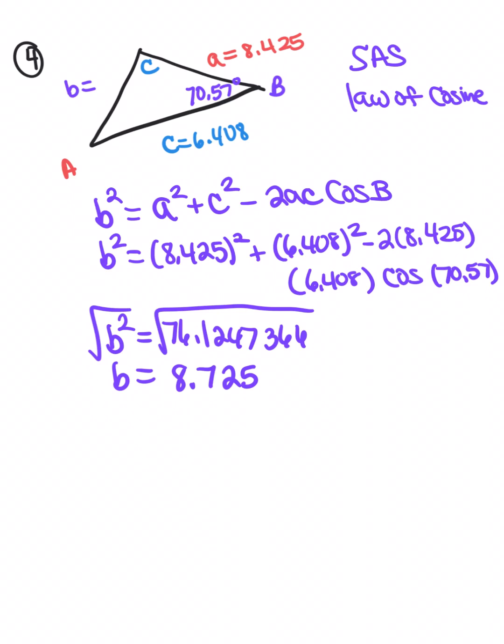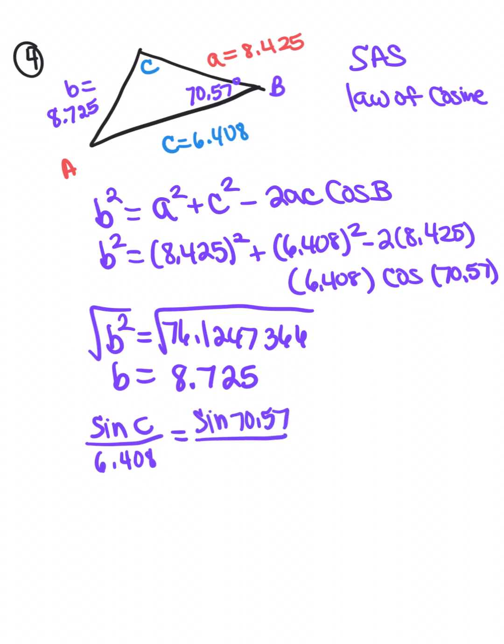So now actually I can use the law of sine because I have an angle and I have its opposite side, and I'll find angle C. So sine of C over 6.408 is equal to sine of B, which is 70.57, divided by side B, which is 8.725. We're going to cross multiply.